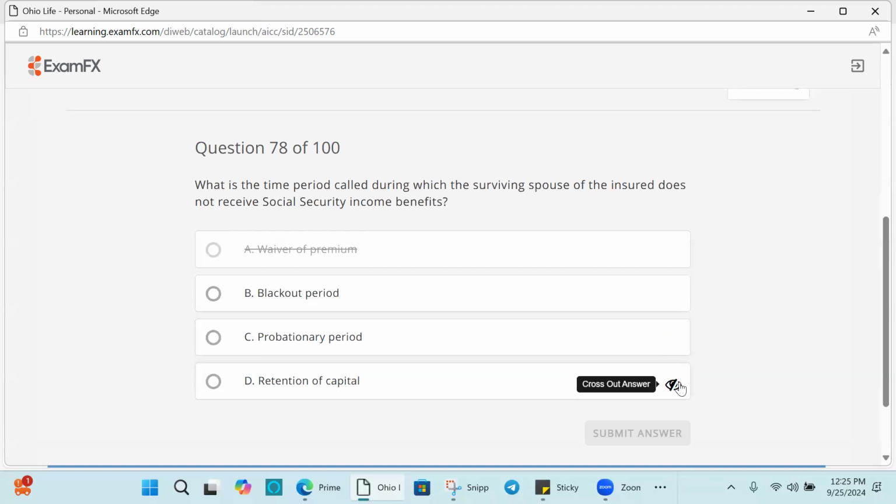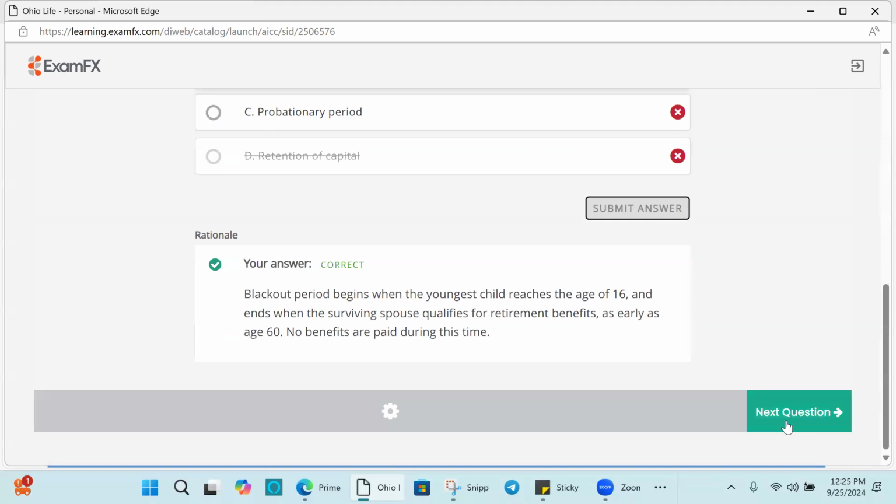So this is the time that a survivor waits until she also qualifies for Social Security, right? So it could be blackout period then. Yep. The blackout period is the period of time where the person no longer receives Social Security benefits.